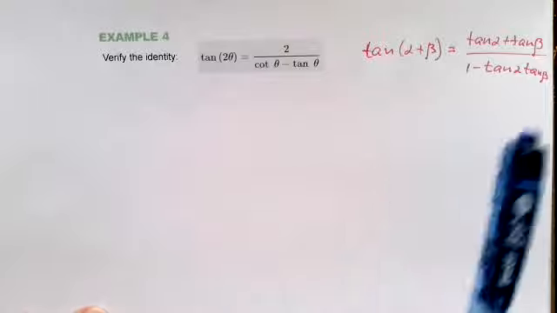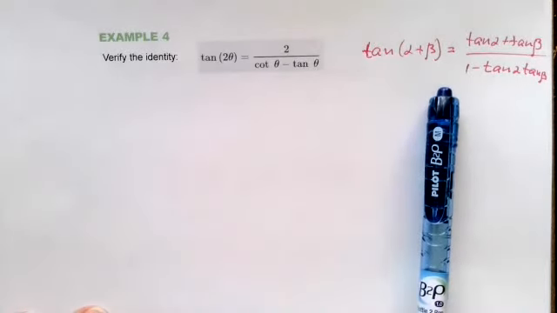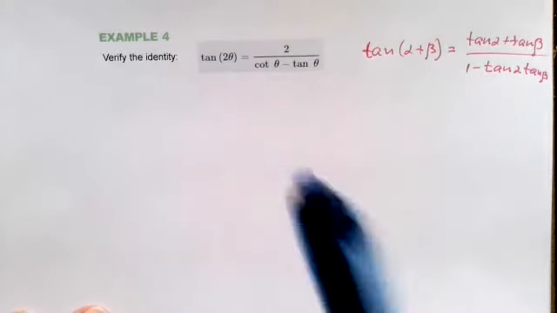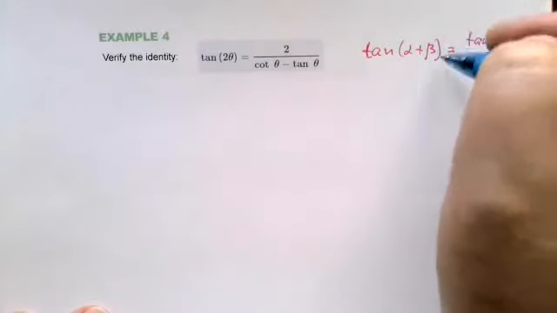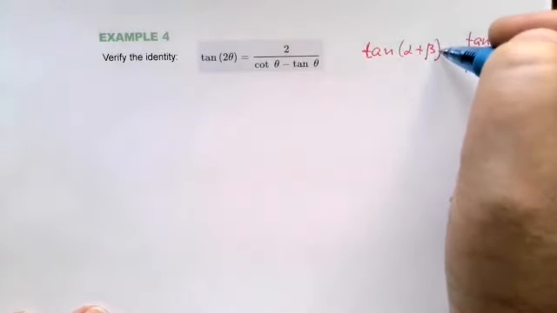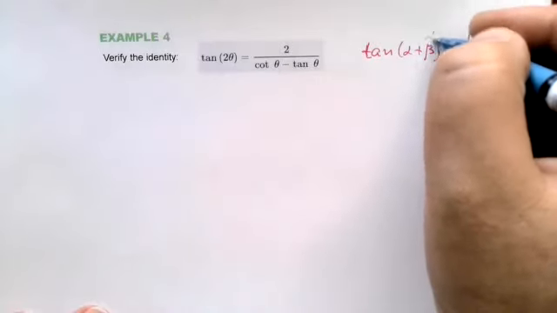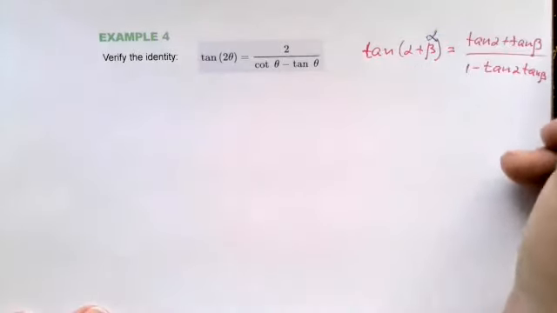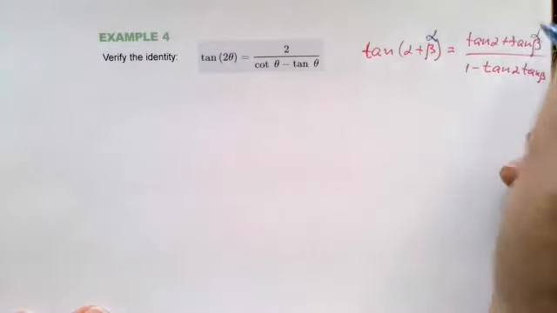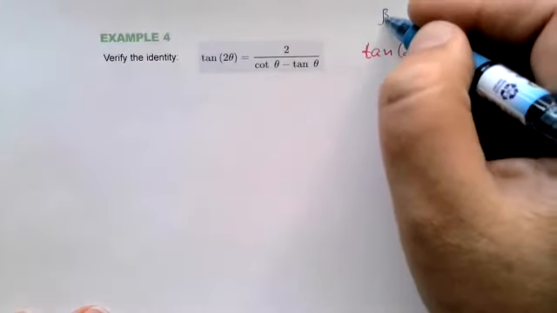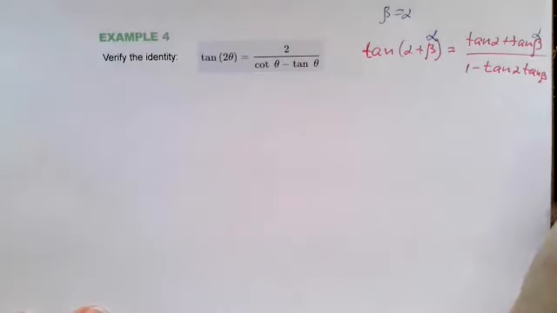I'm going to use our identity for tangent 2 theta, this one, and I'm going to use our tactics that we used before. I'm going to set beta equal to alpha. So wherever I see beta, I'm going to substitute it with alpha because beta equals alpha.